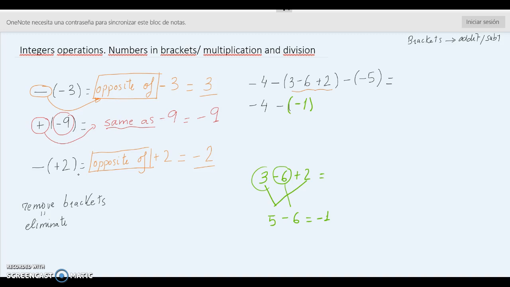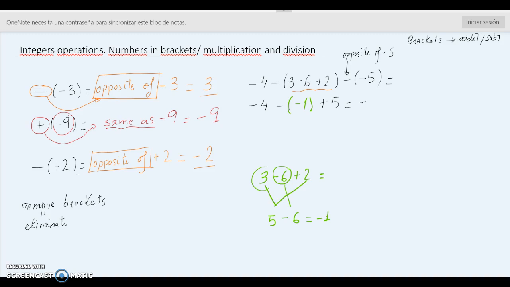Okay, let's continue. Minus 5. You have a minus here before the brackets, and the minus means opposite. Opposite of minus 5 is plus 5.